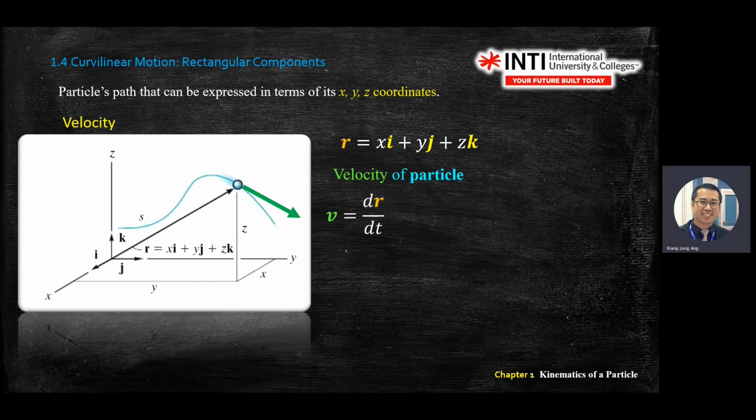So v equals dr/dt, or differentiate your position with respect to time. A curvilinear position is r and no longer s. So when you solve a question and you see a curve in the diagram, you know you cannot use s in your solution. You must change to r.